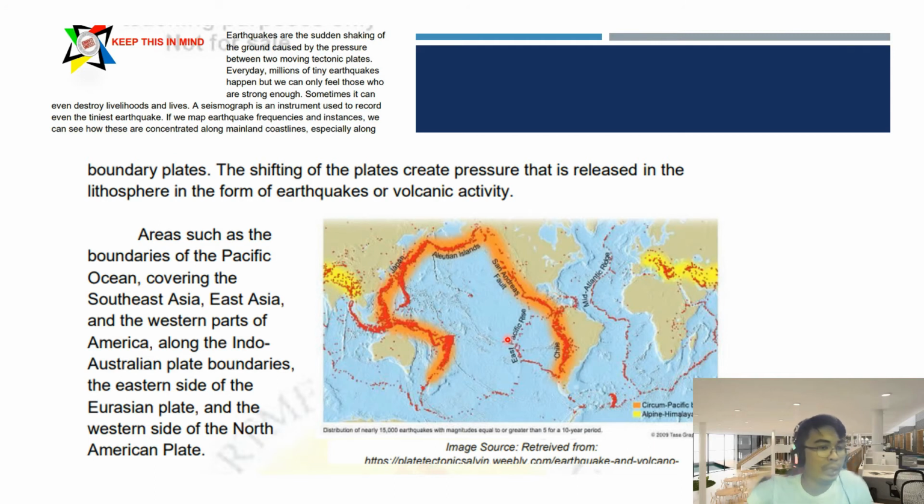So its boundaries, covering Southeast Asia, where we are, East Asia and the western part of America, along the Indo-Australian plate boundaries. Okay? So, this is one of the places where earthquake distributions are concentrated. So, along the Pacific Ocean, the boundaries of the Pacific Ocean.